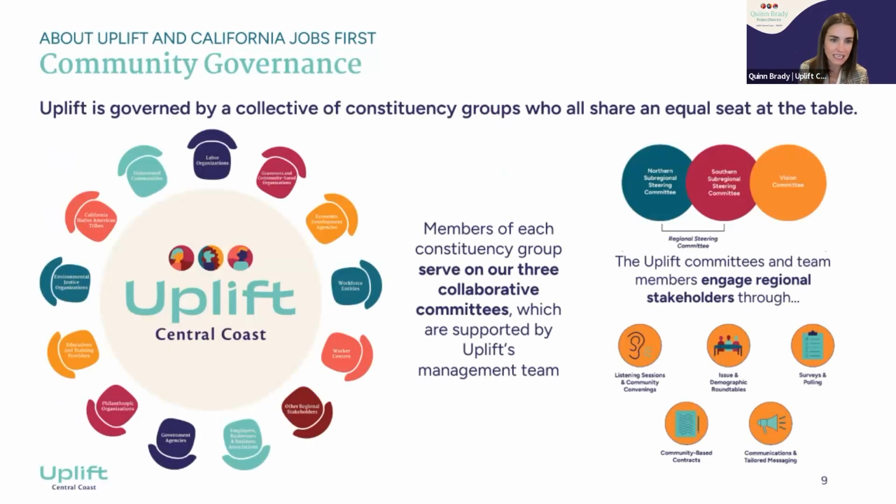Those are the different seats at the table: government agencies, labor, disinvested communities, worker centers, Native American tribes. And so our committees have representation from each of these stakeholder groups at the table. They are the ones that help us guide the project, understand who in our communities we should be reaching out to, review data and reporting, and are real partners with us in this work.